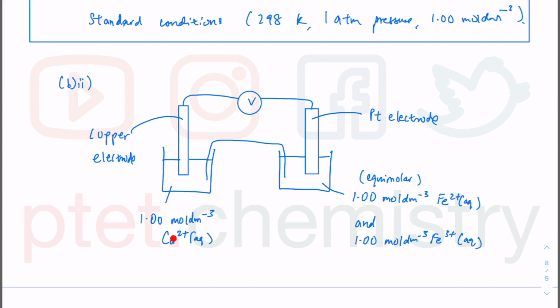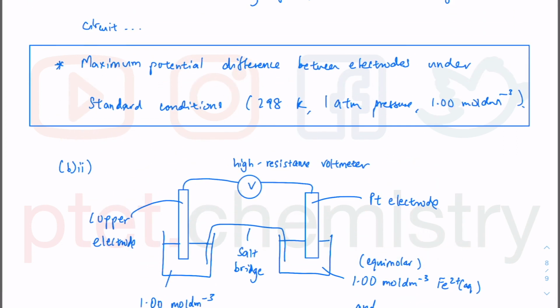This is a metal ion and a metal case study, so I need the metal as the electrode itself. I haven't completed the circuit until I label the salt bridge there, and I also need to label this as high resistance voltmeter. So the idea of high resistance is so that it will allow you to measure the maximum potential difference, which was actually the definition for E cell.